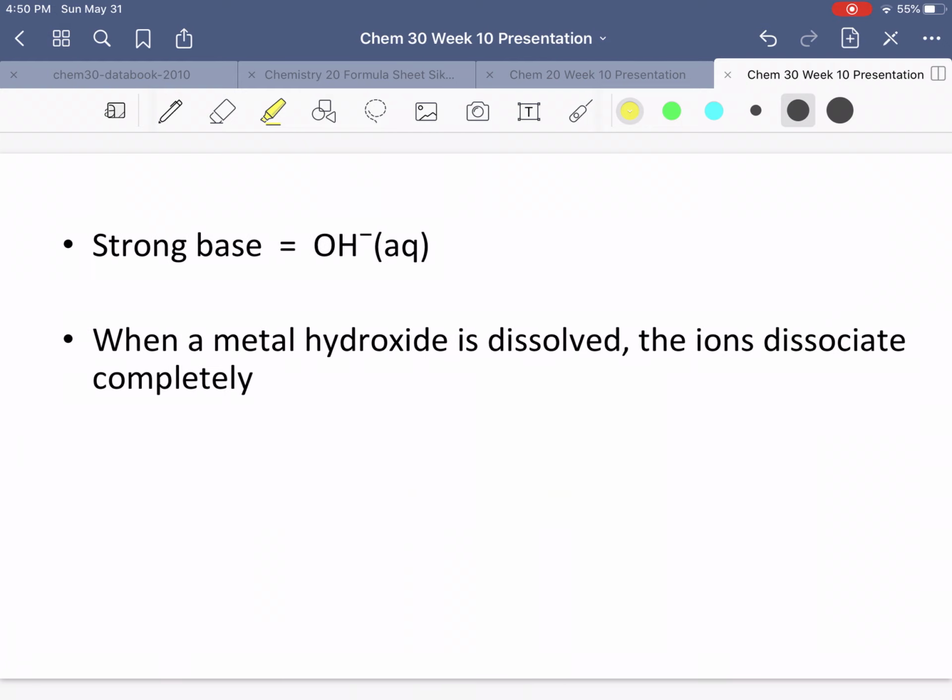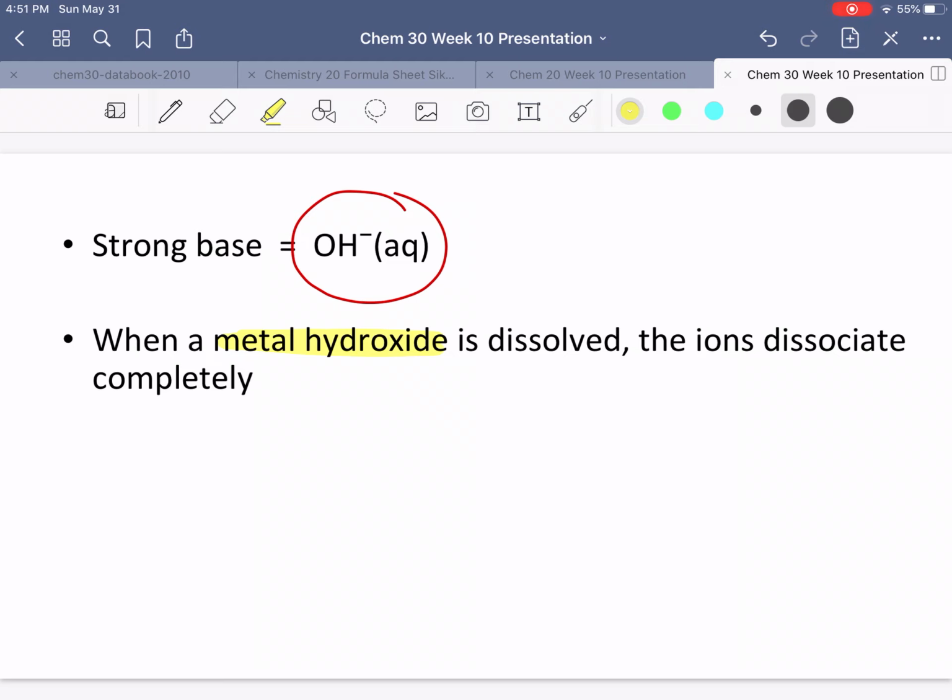Going into this, strong bases are really easy to recognize. You don't need any special list for them in your data booklet. Ultimately, you just need to look for hydroxide. Now, what will happen is you'll end up with a metal hydroxide. So, for example, lithium hydroxide, magnesium hydroxide. You get the idea, right, guys?